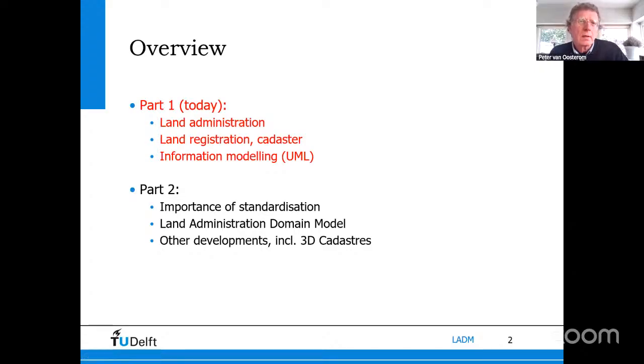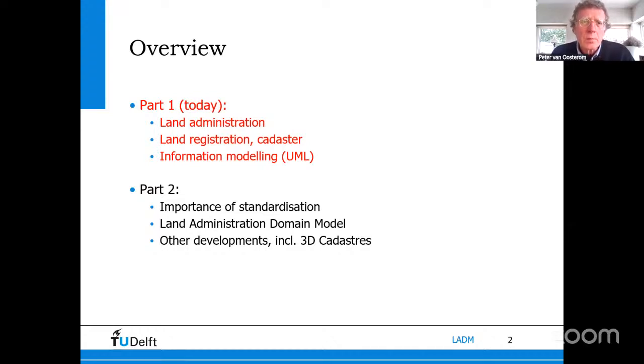So today we'll first have a look at land administration as an application domain. Why is it important for society? Then we look at, say, the different parts of land administration. Sometimes it's called land registry, land registration, more the administrative, legal information, and cadastre, which is typically considered more the spatial information, surveying, mapping.